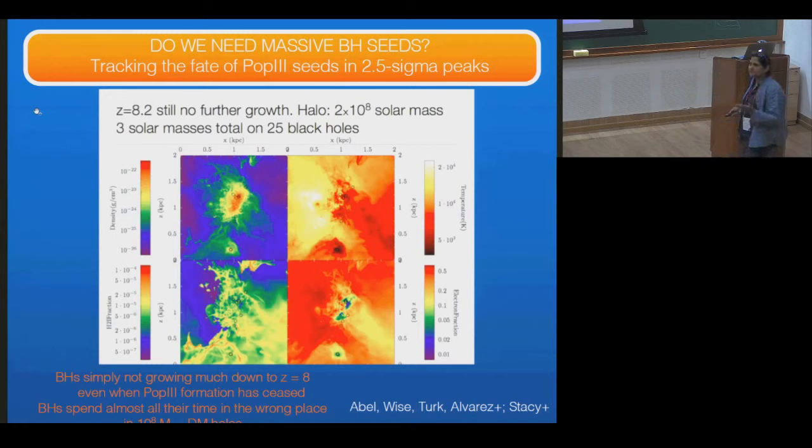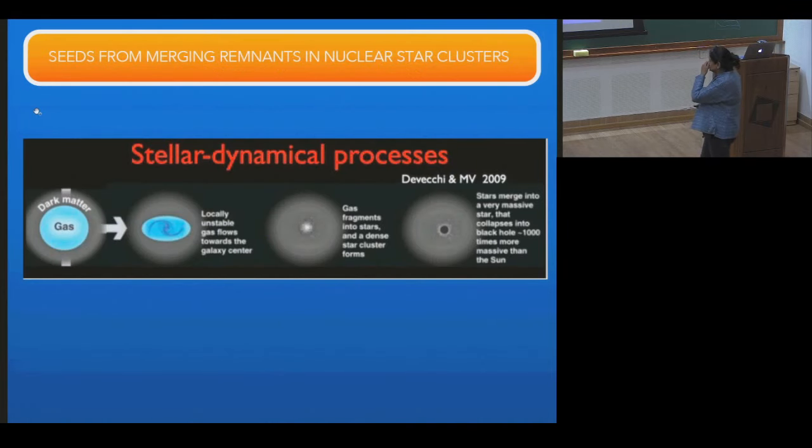So you need another channel to make more efficient growth, so then there are stellar dynamical processes within the nuclear star clusters. I'm just showing you a little bit more about some very nice work that was done by Marta Volonteri and her collaborators, where basically you form the nuclear star cluster, and then as I showed you in that cartoon, you can actually calculate how the stars will merge into a very massive star that will collapse into a black hole of about 1,000 solar masses.